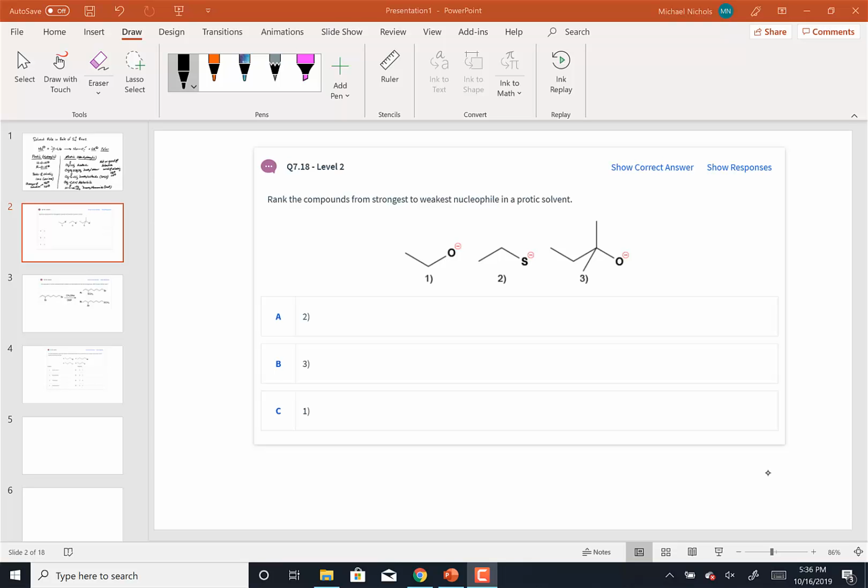Number one, we have an O minus versus an S minus, and so we'll have to determine what relationship that is and which one is the stronger nucleophile. And then we have this primary alkoxide, and an alkoxide is just a deprotonated alcohol, versus this alkoxide, which is attached to a tertiary.